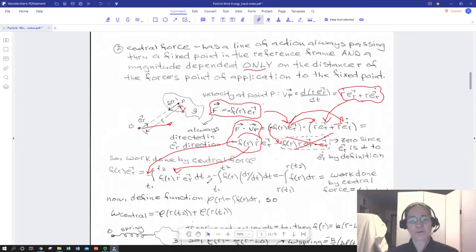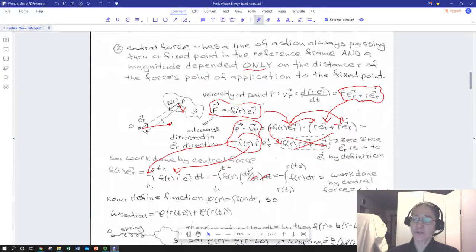We're going to integrate with respect to time, just to remind us that all this was originally pointing in the r hat direction. And in this case, we're going to express r dot as dr/dt, which means the same thing. We're integrating with respect to t. We can use our chain rule and get rid of the t's.